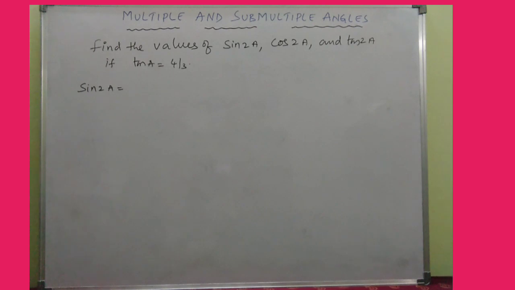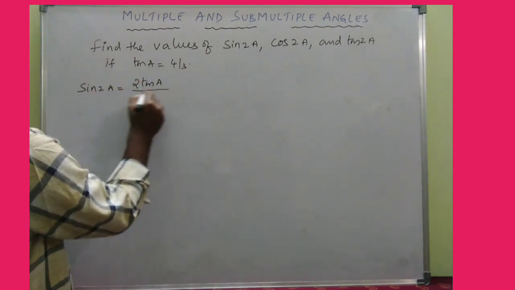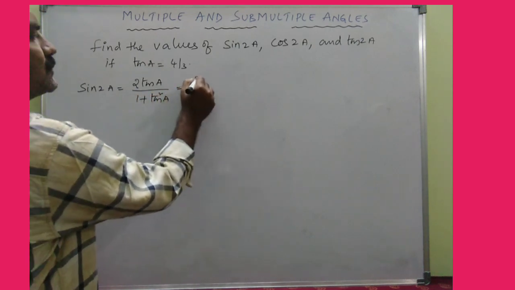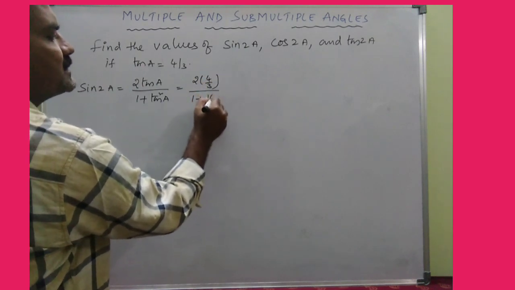So everybody knows that sin 2 theta is nothing but 2 sin theta into cos theta, but the same formula can also be written in terms of tan. Do you remember? In the first video itself we explained that it is 2 tan A by 1 plus tan square A. So 2 into 4 by 3 by 1 plus 16 by 9.